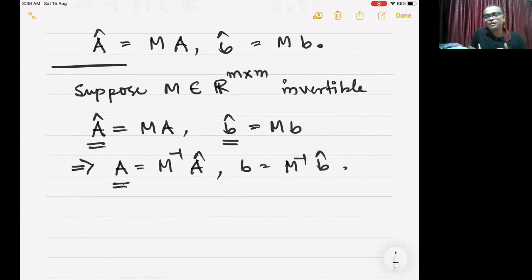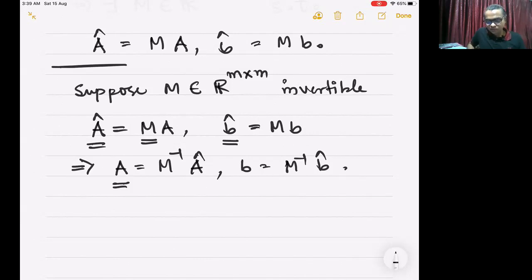So one way of getting equivalent systems is to obtain linear combinations of the rows such that the corresponding matrix M is invertible. That will give us equivalent systems, right?